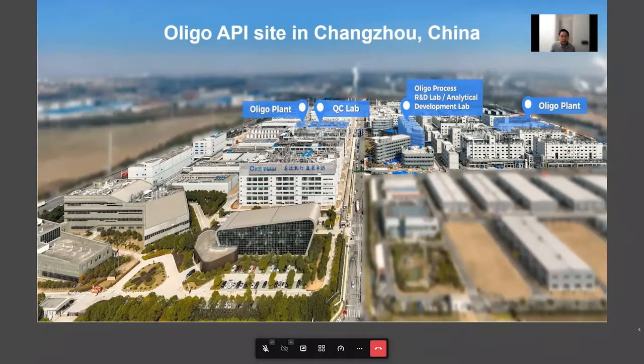In the top left, there's our first oligo GMP plant, which was commissioned over 2 years ago. This building is equipped with 1 mid-scale OP400 line and a large-scale oligo process line. And in the top right, you can see our second oligo GMP plant, which was actually just commissioned last week. In this new plant, we added 3 more oligo process lines.